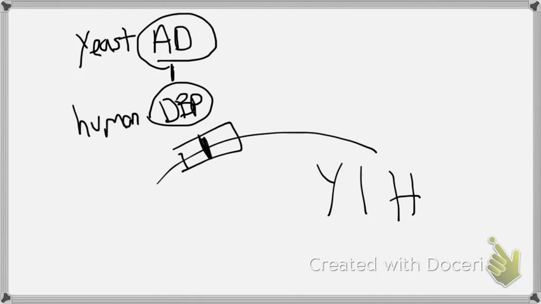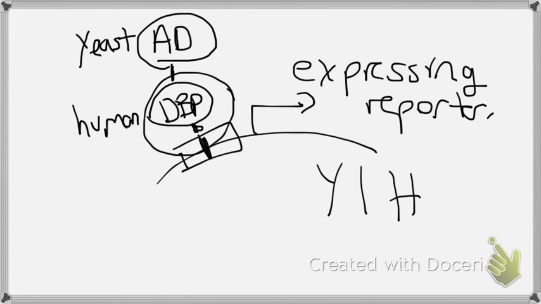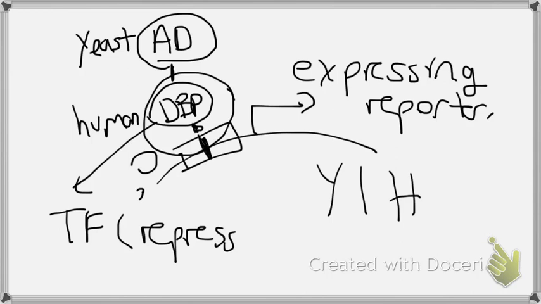So if this protein binds to the promoter, it's going to start expressing this gene. And then you can see which DNA binding domain is binding to my sequence, and then you can go back to your library and find out which of these transcription factors, in this case a repressor, binds to your regulatory region, right?